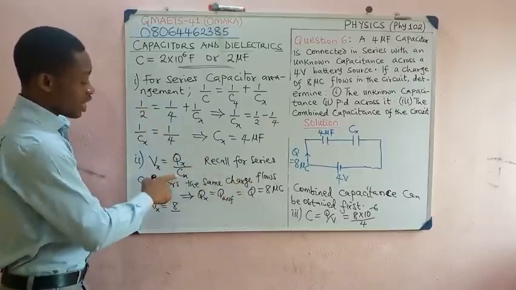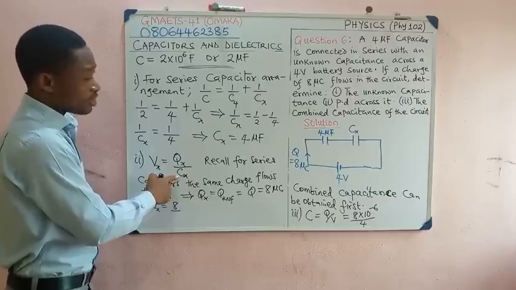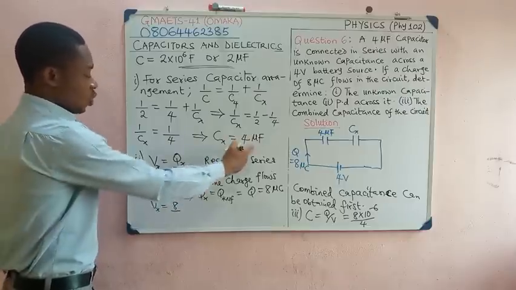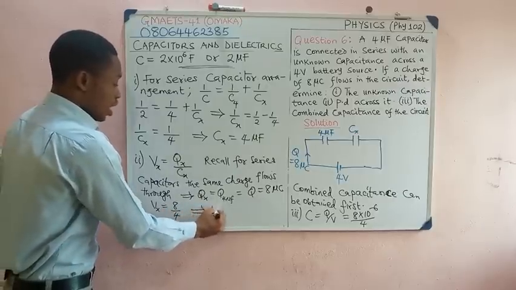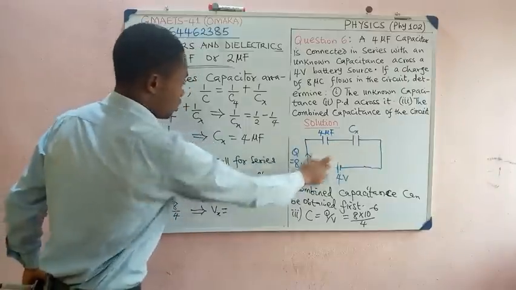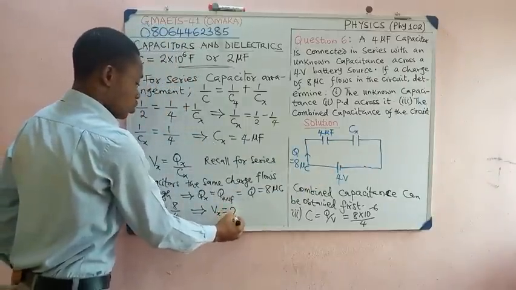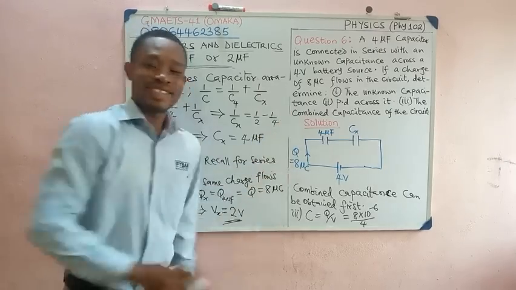No need, because I'm going to use the microfarad value of the capacitance that we calculated, which is 4. So I substitute 8 over 4. It implies that the potential difference across this unknown capacitance is equal to 2 volts. And this is the solution to that problem.